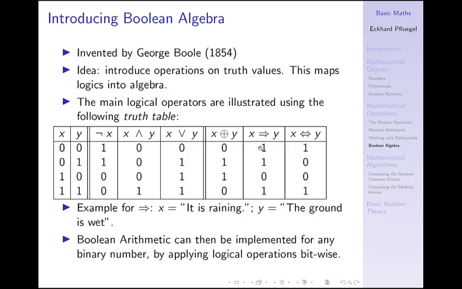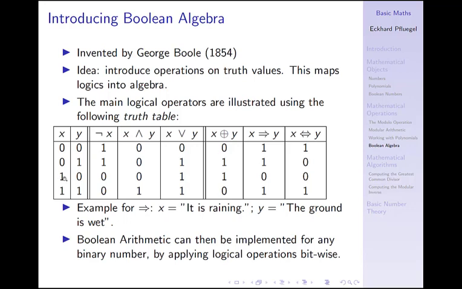So if it's not raining, then certainly it's true that the ground could be dry. On the other hand, if it's not raining, could it also be true that the ground is still wet? Yes, it could. Look here, true. Because the ground could be wet for other reasons. Someone might have hosed it down with a hose pipe.